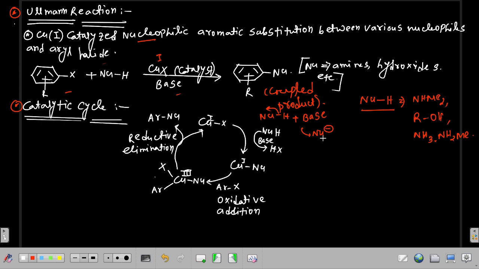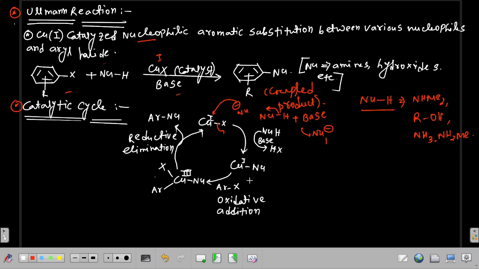When this nucleophile minus attacks this, it leads to the removal of this halide. So at the end there will be removal of hydrogen halide, and a copper-nucleophile bond will be there.